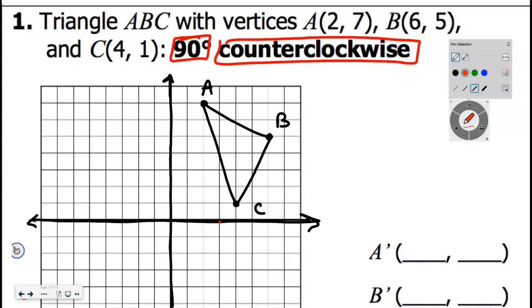All right, so the 90 counterclockwise move off of your chart says you're going to take each of those ordered pairs, and what does the counterclockwise one say, Cole, on your sheet? You're going to take the negative of the y and the positive of the x.